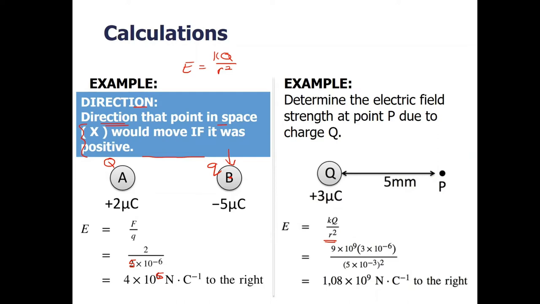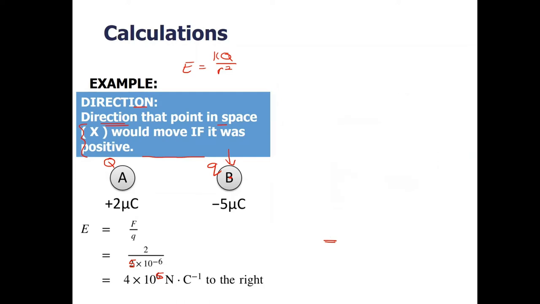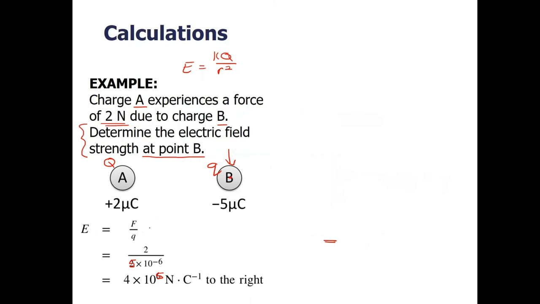Okay. Let's quickly look at the directions. I'm just going to go back quickly. This one's direction says to the right. Now, why? A is a positive charge. You have to look at the pattern around that positive charge and look where you are around that positive charge to decide what the direction of the field is. Now, if I draw in the field here for A, okay, it goes outwards because it is positive.